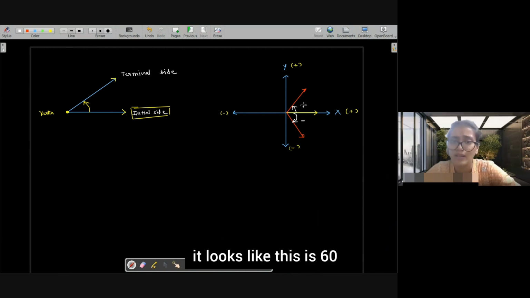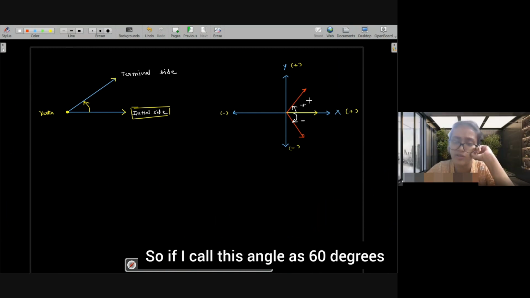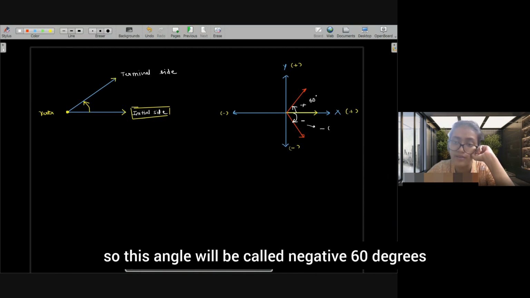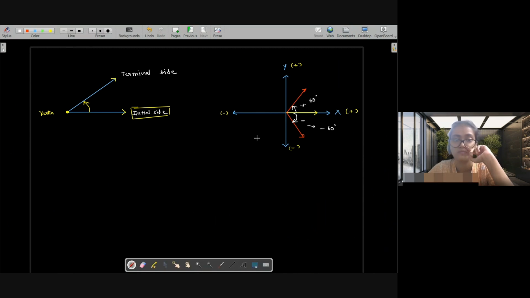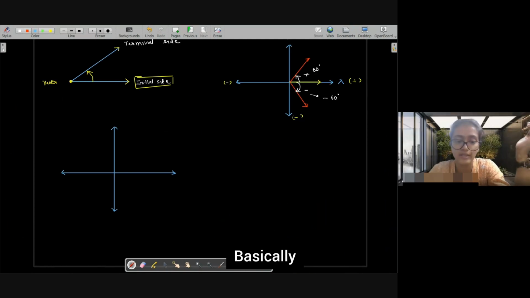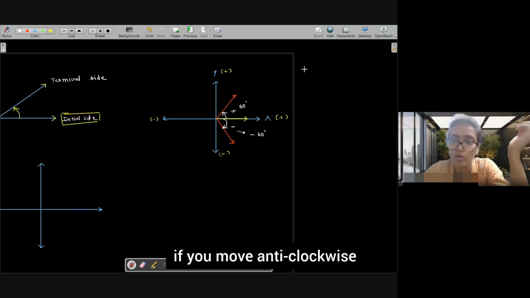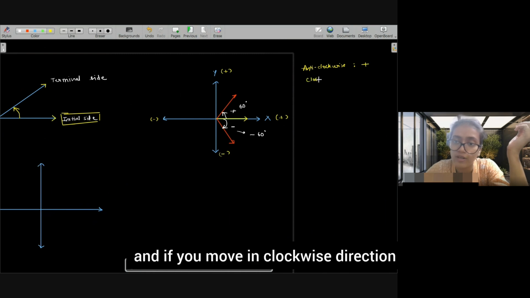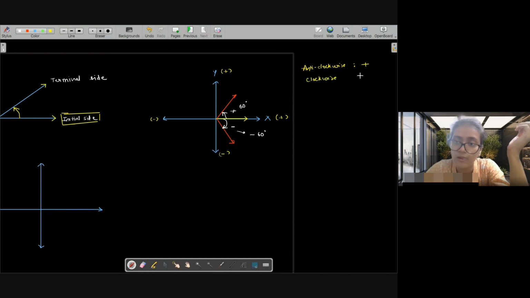Now, if I call this angle 60 degrees, then this angle will be called negative 60 degrees. So basically, if you move anti-clockwise, then the angle is positive, and if you move in clockwise direction, then the angle is negative.